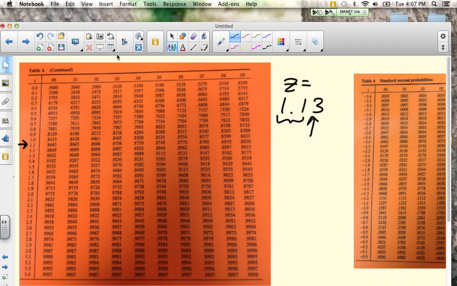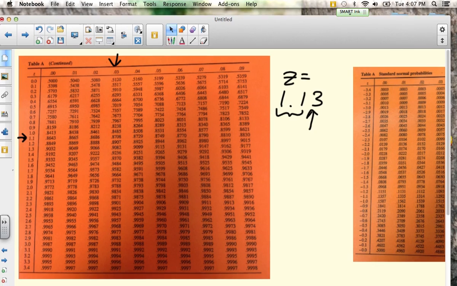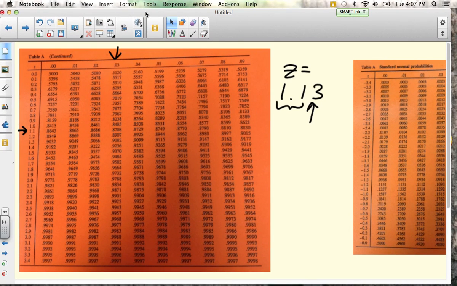So I have to see where those two meet. And if I go 1.1, 1.13, this little number here, I don't know if you can see it, but it's 0.8708. That is the percentile that that z-score relates to.